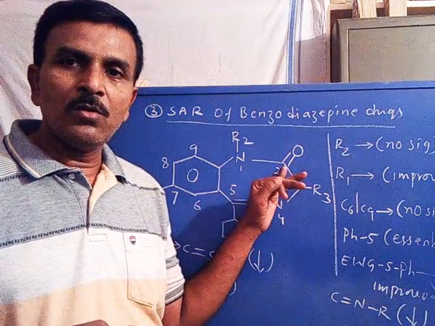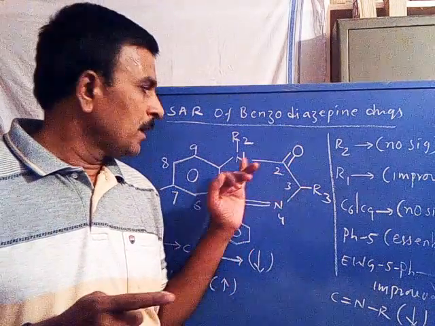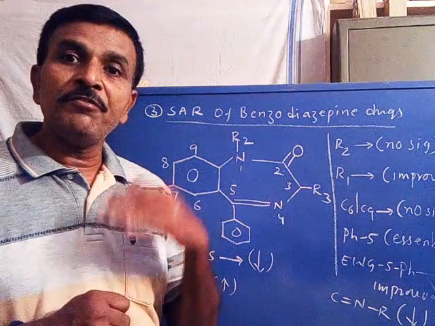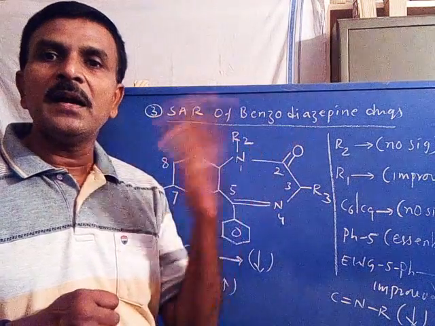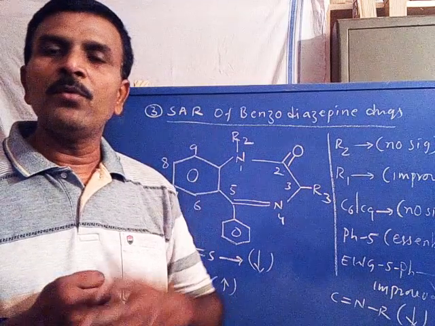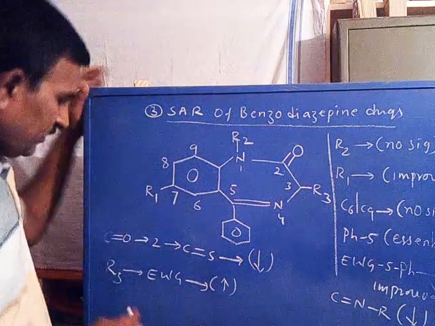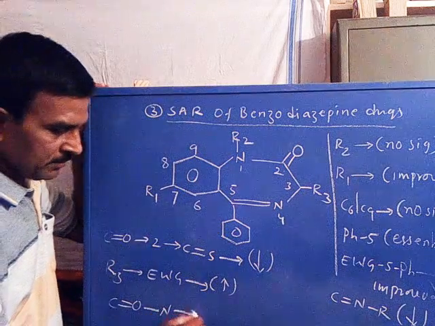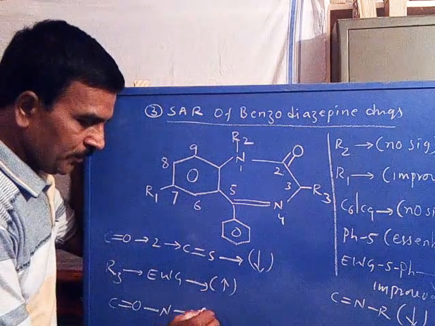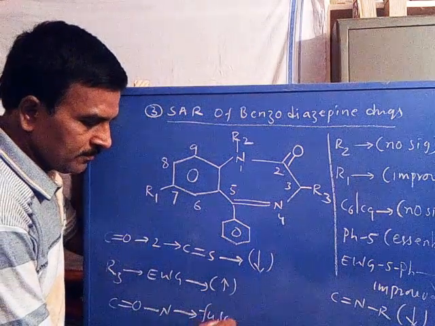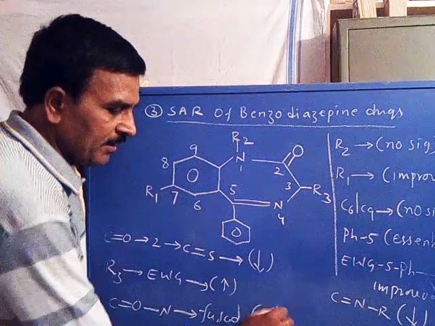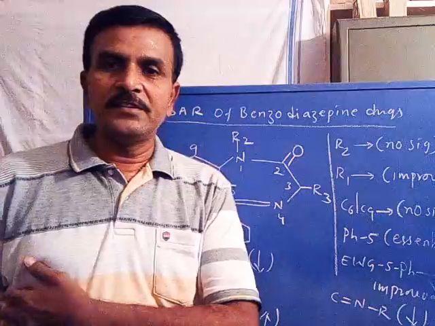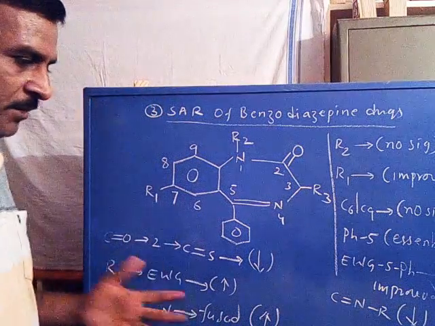C double bond O group on second carbon and nitrogen on first position, if fused by other rings, can improve its activity. So this is about structure activity relationship study of benzodiazepine in brief.